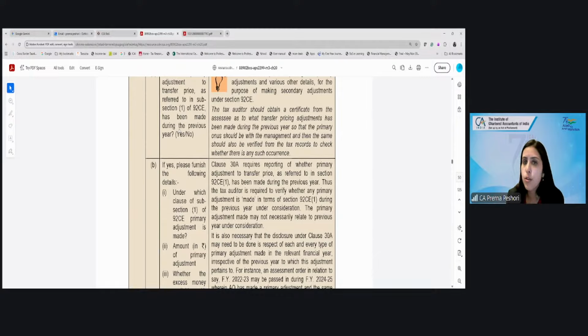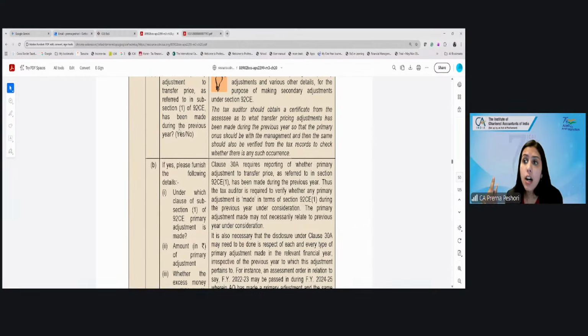Let's say the Indian company has made a sale of rupees 100 to the foreign company. Both are associated enterprises. However, the actual arm's length price for those goods is, let's say, 120. The sale has been made at 100. Arm's length price is 120, meaning that 20 rupees is going to be my primary adjustment.